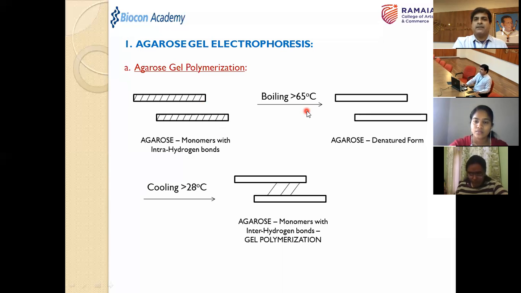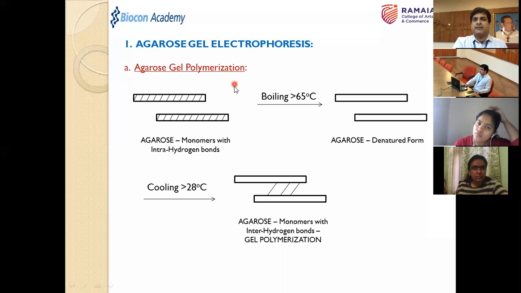This is the way we solidify the agarose gels. Then we make the wells using the comb and we load the DNA samples. Then you apply an electric field in a tank with buffer containing salt, so the electric field is applied and the DNA gets separated. This is how we use it.